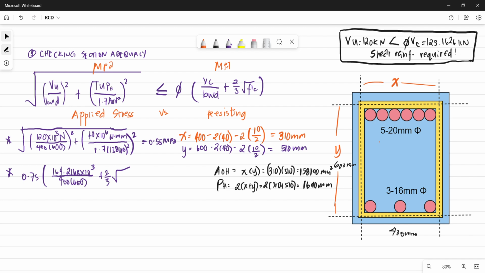Your FC prime is equal to 20. We'll get 2.81 MPa.